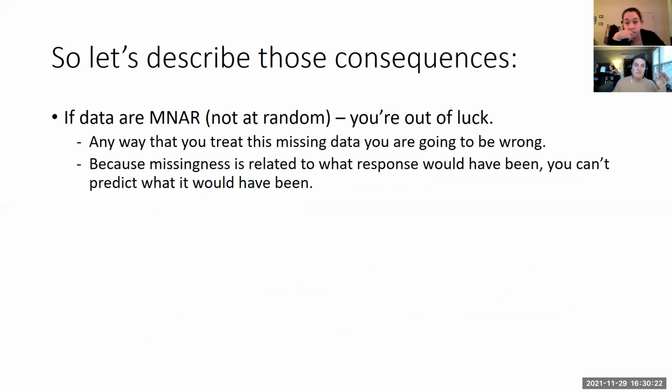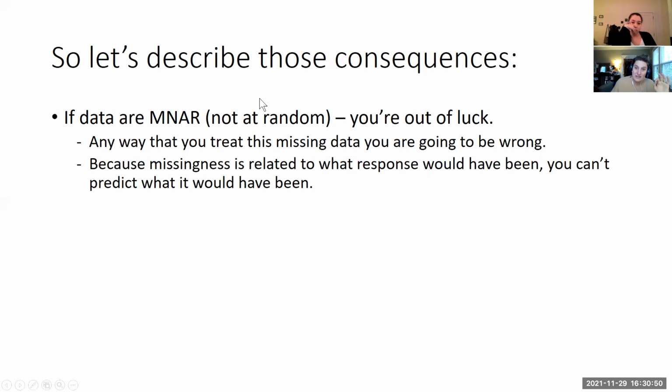So if you have data that are missing not at random, you're kind of out of luck. If you're pretty sure that the reason why these data are missing is because of how people would have responded on these items, it doesn't matter what you do. I'm going to tell you how we're going to treat these missing data in the future, but any way that you treat these missing data, you're going to be wrong. Because we don't know what their answers would have been, but we think that the missingness is related.